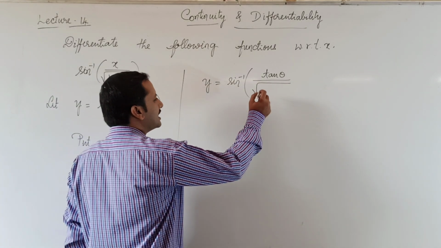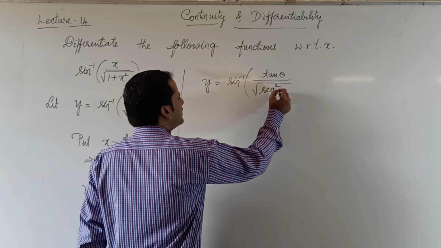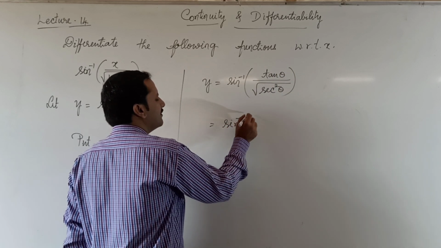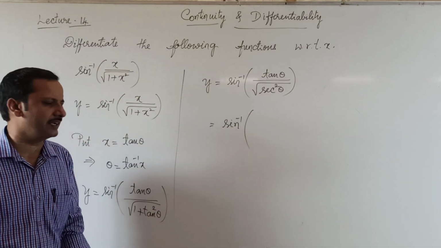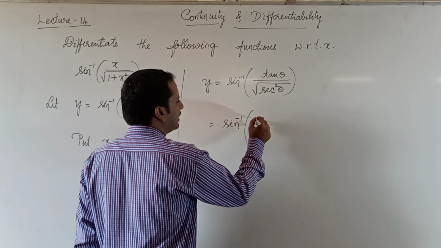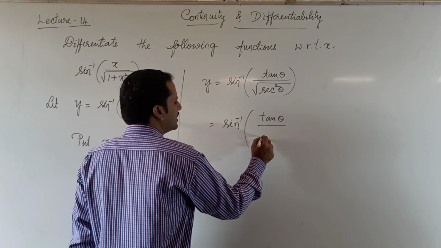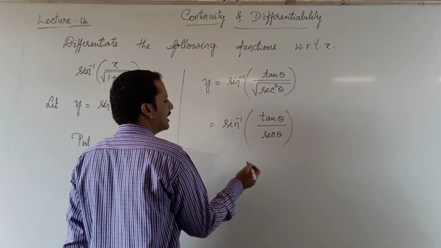I am writing 1 plus tan square theta as secant square theta, a well known formula. Then tan theta divided by root of secant square theta, I will write it as secant theta.